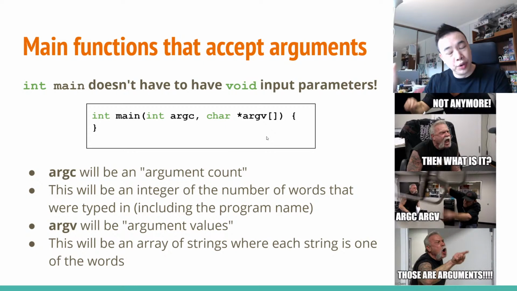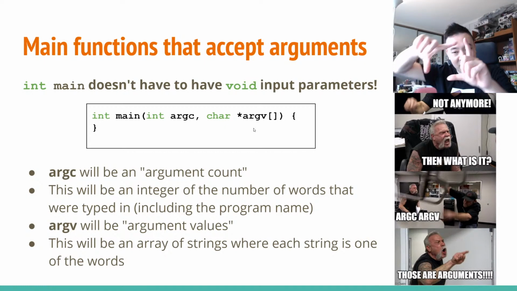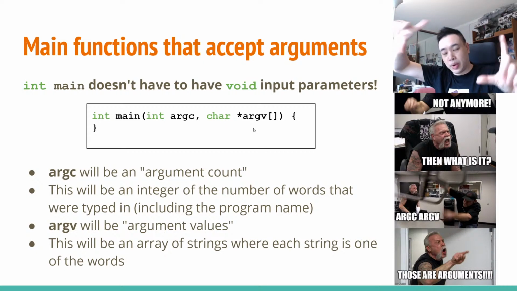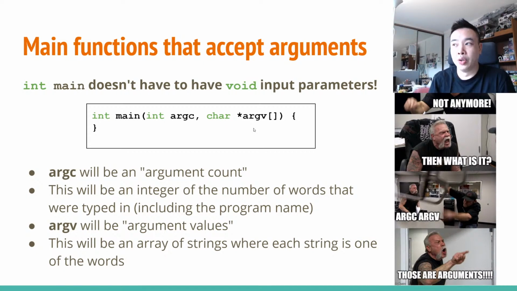So I can't just pack them all into the array itself. So this is kind of a two-dimensional array and also kind of not. So it's an array of pointers, but they're not necessarily all smashed together into one two-dimensional array because all of the arrays inside are not the same size as each other. So it's an array of pointers, and each of those pointers leads us to a string.